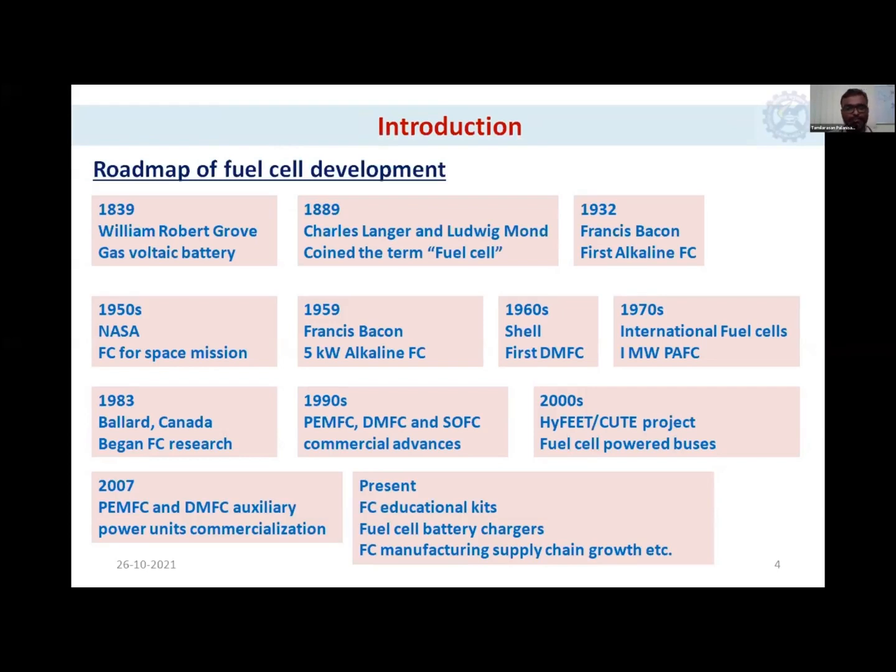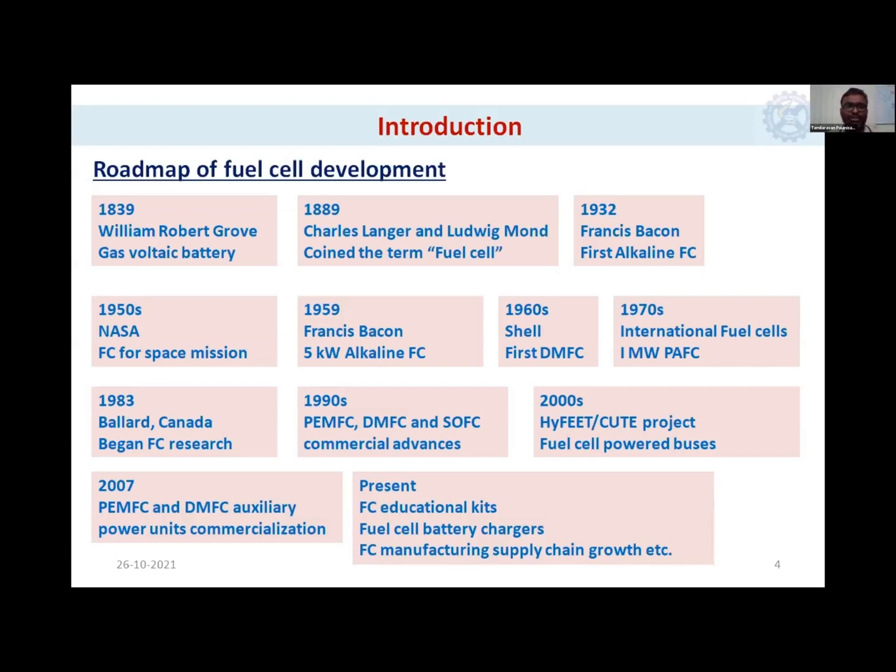Particularly in the mobility aspects. Not only in the static, if you see the previous demonstrations, including the 5 kilowatt alkaline fuel cell by Francis Bacon, all these were demonstrated as static applications. Like you can keep it in a room and supply a complete building. That is how they demonstrated it.